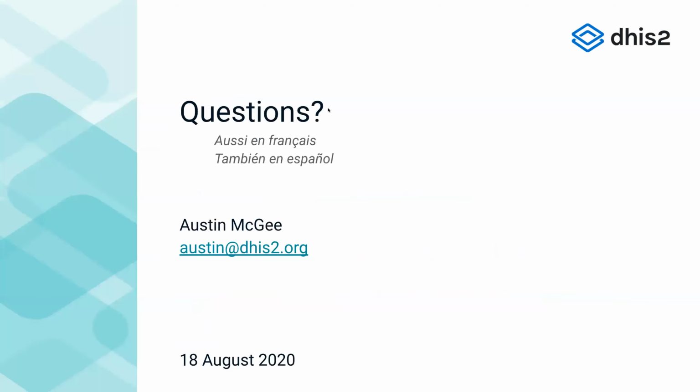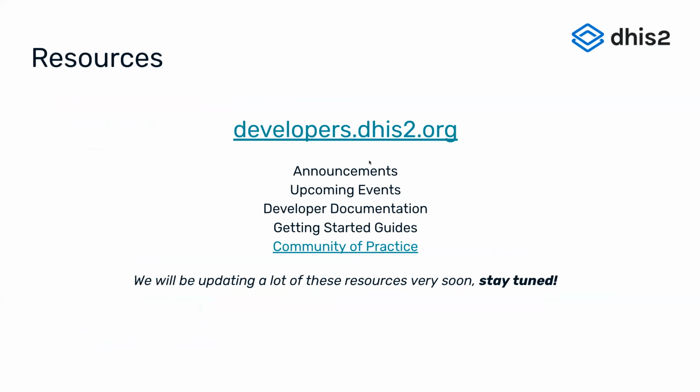And the final resource here, which I shared last time as well, is developers.dhis2.org. This is relatively new, but it's becoming our central portal for all kind of developer-related content. That's announcements and news about developer releases, library releases, or good things to know that are new in the developer ecosystem.